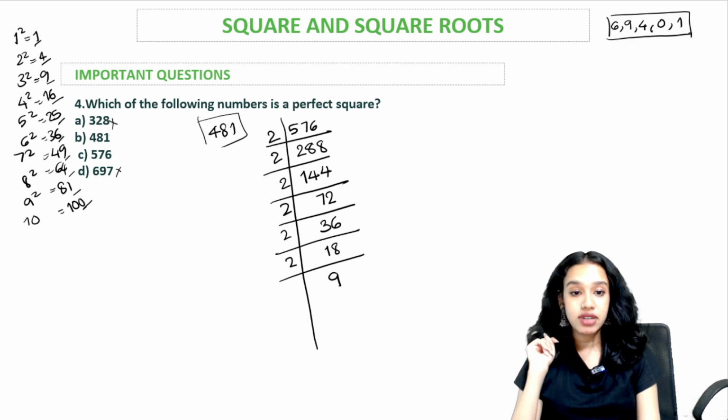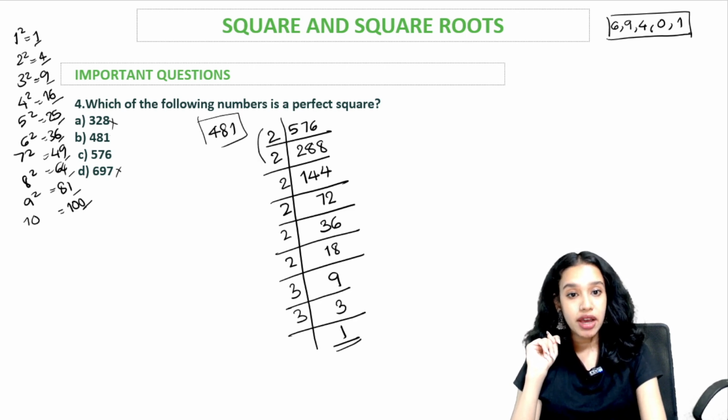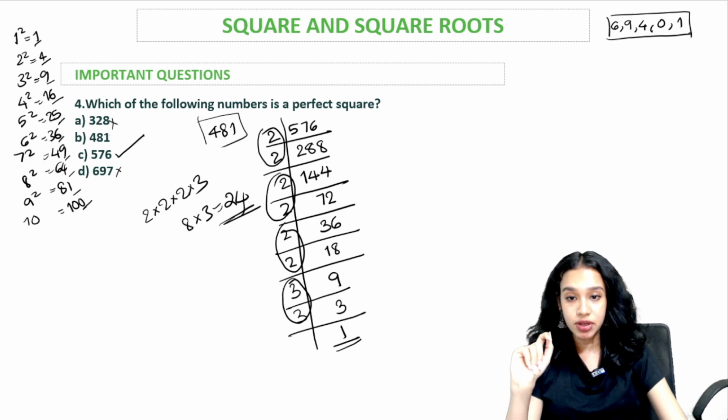So now we can't divide it by 2 but we can divide it by 3, right? Now by 3 we'll get 3 and by 3 again 1. So we have 2, 2, 2, 2, 2, 2 and 3, 3. That is 3 times 2 multiplied by itself into 3, which is 8 into 3, equal to 24. 1 8 is 8, 2 8s are 16 and 3 8s are 24, right? So 576 is the perfect square in this question.